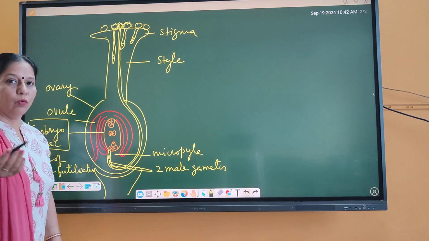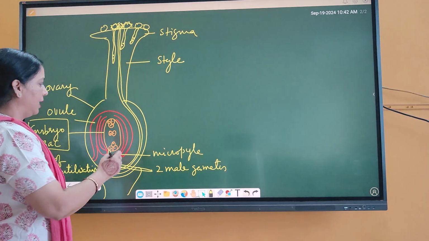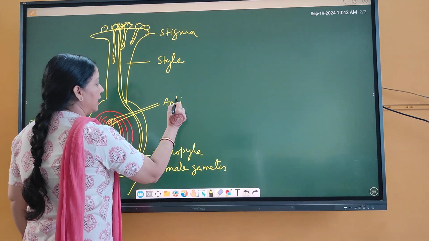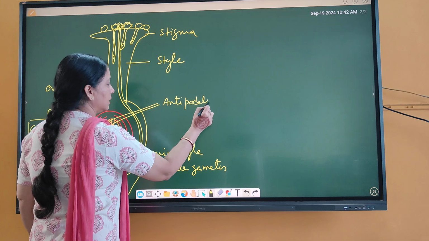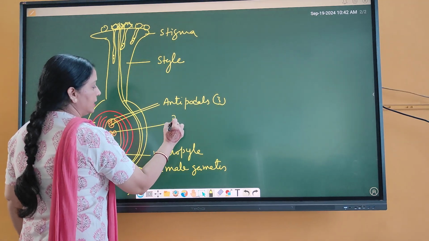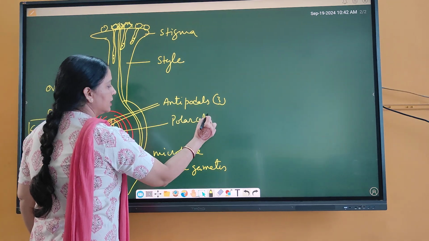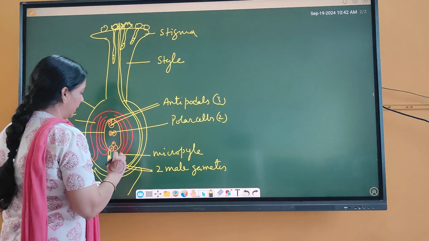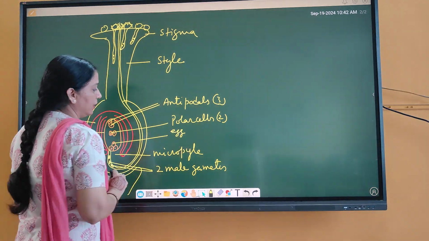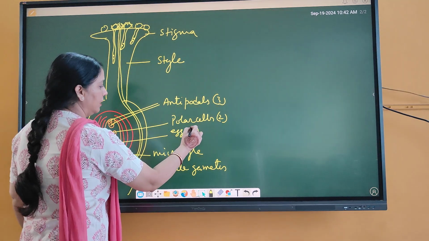Now let's see what cells are present inside the embryo sac. These cells are called antipodals. These are 3 in number. These two central cells are polar cells. They are 2 in number. Here the central cell is known as the egg or the female gamete, which is 1.